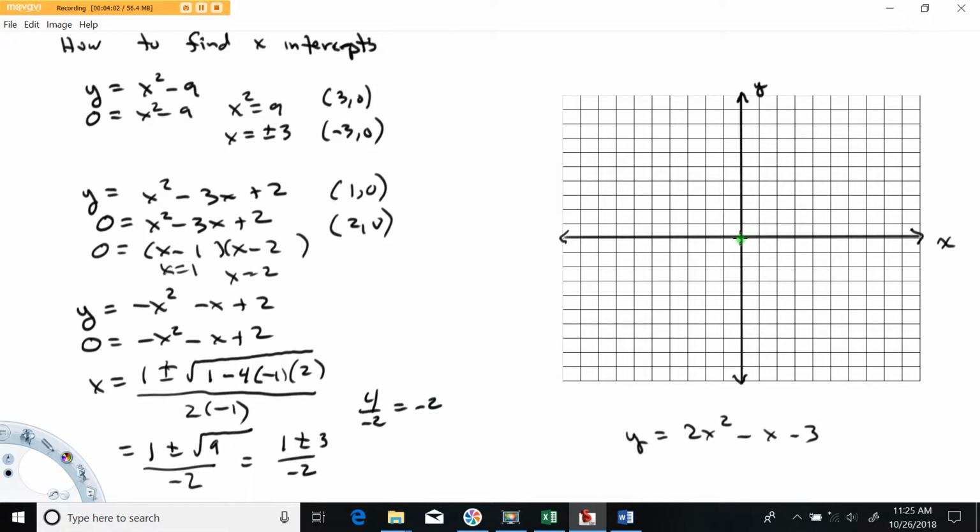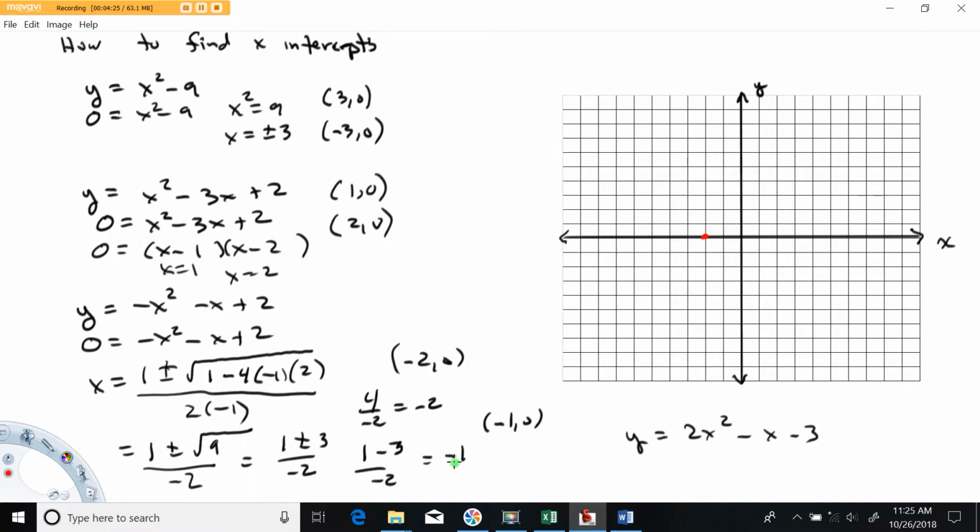I'm not going to bother color coding that one. And then the other one is going to be 1 minus 3 over negative 2, which is negative 1. So that corresponds to the point negative 1, 0. If I put these on the graph, negative 2, 0, and negative 1.